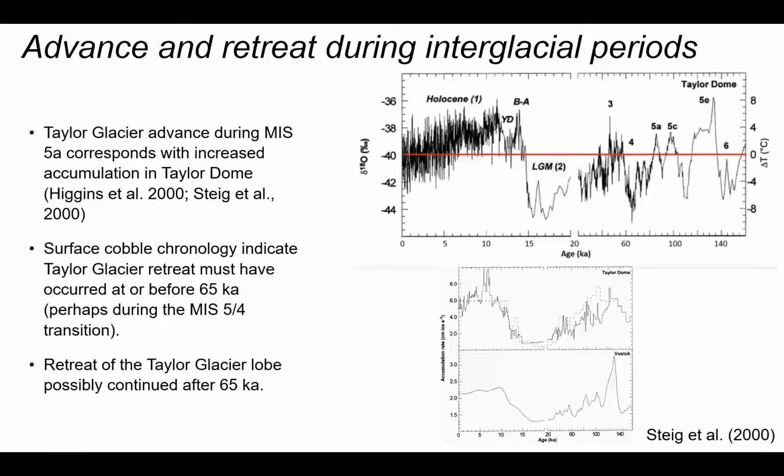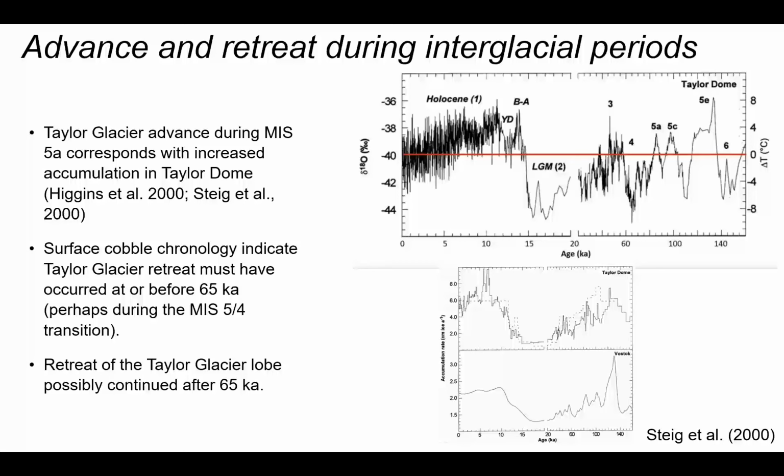Okay, so based on the surface samples, the exposure samples that reveal Taylor Glacier advance happened during MIS5, which corresponds with increased ice accumulation in Taylor Dome. And our surface cobble chronology suggests that the retreat must have occurred at or before 65,000, perhaps during the MIS5/4 transition.